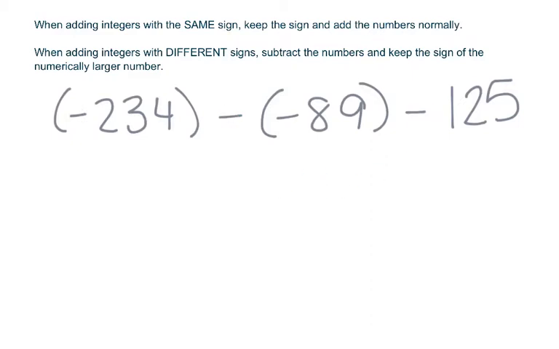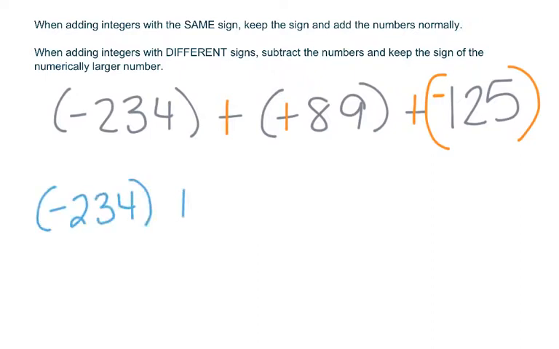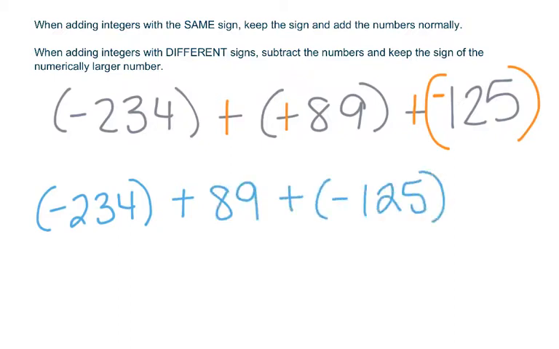Change them to addition signs and change the signs of the following numbers. Now, 125 was positive. It is now negative because you're doing the opposite. So now you have negative 234 plus 89 plus a negative 125.